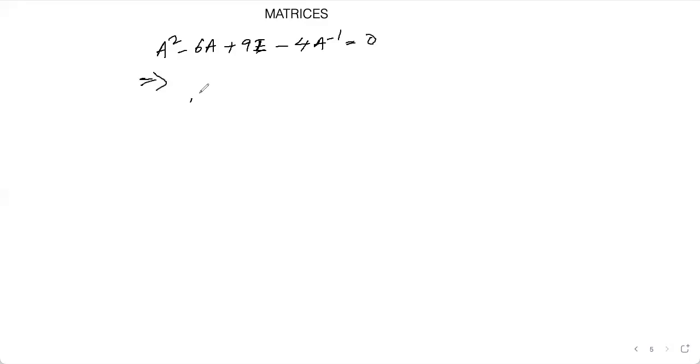So A inverse will be 1 by 4 multiplied into A square minus 6A plus 9I.